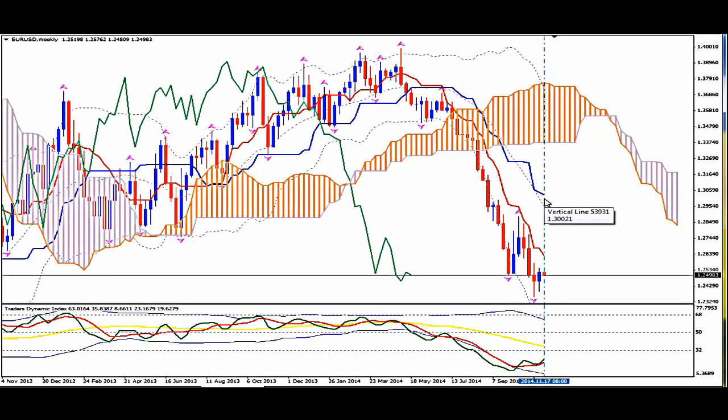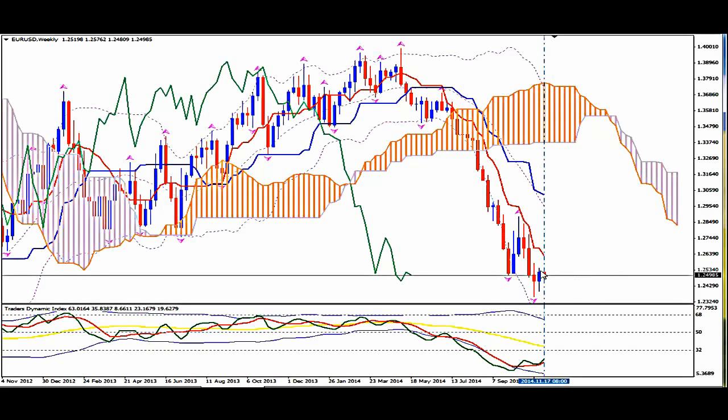So if we see that the pair is strong enough to go higher, then yes, we can expect that it will reach, after months of course, the upper Bollinger Band on the weekly, which is at the 1.37 price level. But for now, these are very far away scenarios.